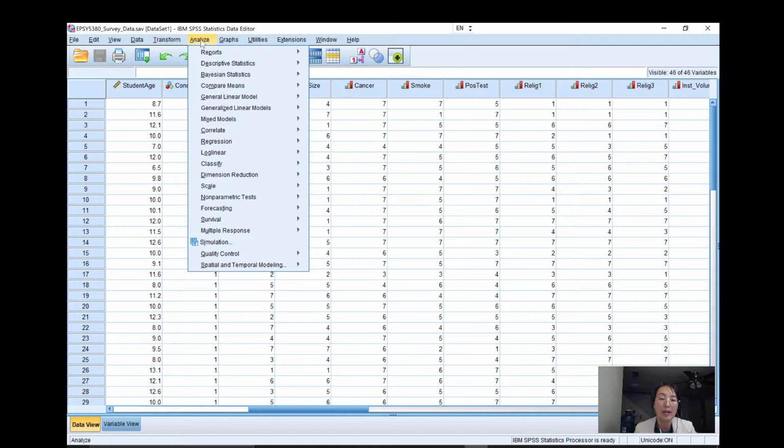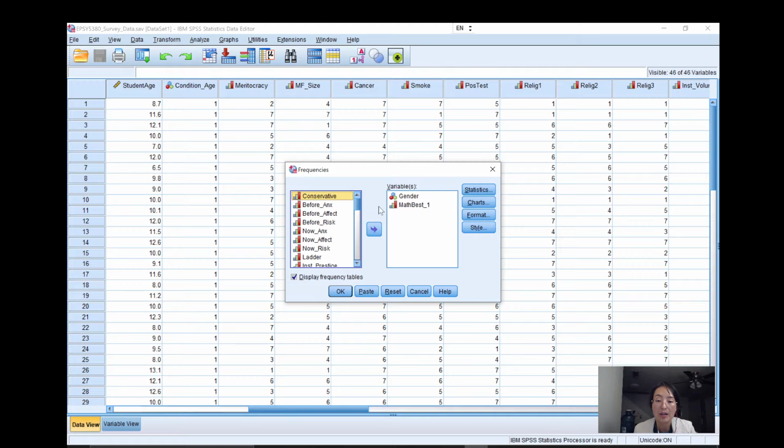When you do any analysis, you will go to Analyze. We go to Analyze, Descriptive Statistics, Frequencies. I have some variables placed there. I'm just going to put them back, or you can click reset, which is what you will see at the beginning.